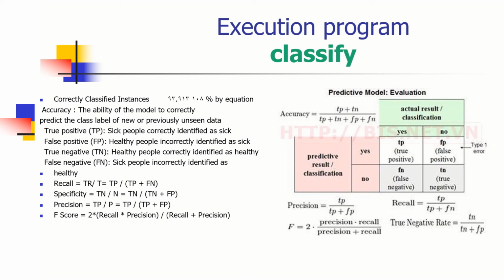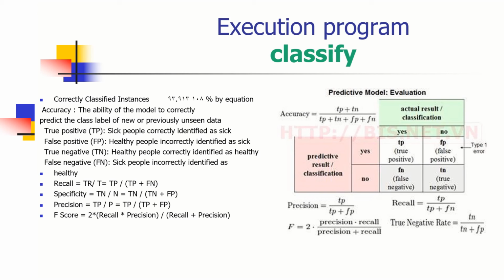This page represents the confusion matrix to get accuracy from this formula: TP plus TN divided by TP plus TN plus FP plus FN.